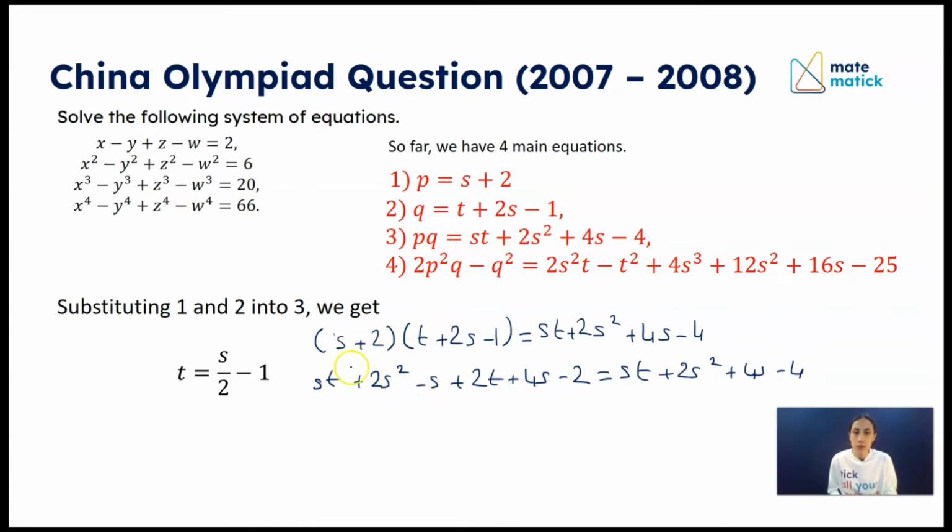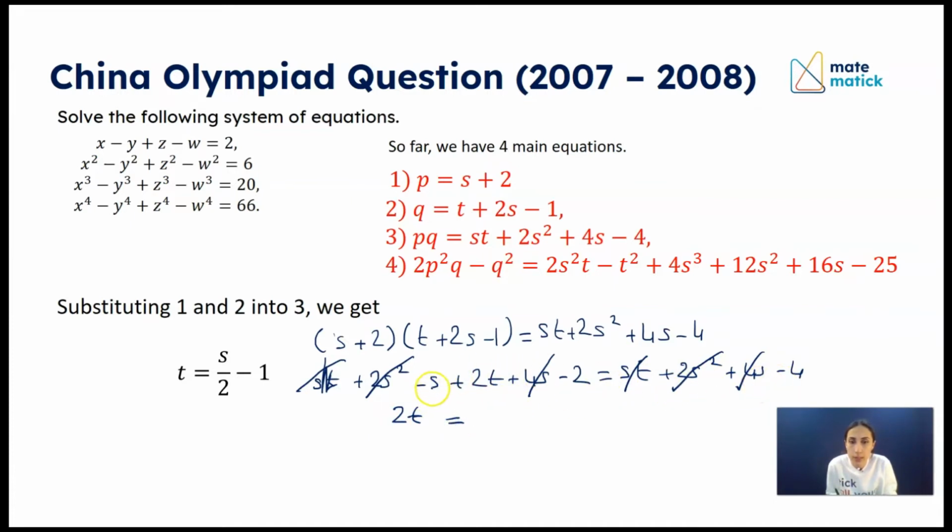So here this st and this st cancel out each other. This 2s squared and this 2s squared cancel out each other. And here we have 4s and this 4s, they also cancel out each other. And then here we have 2t is equal to minus 4.